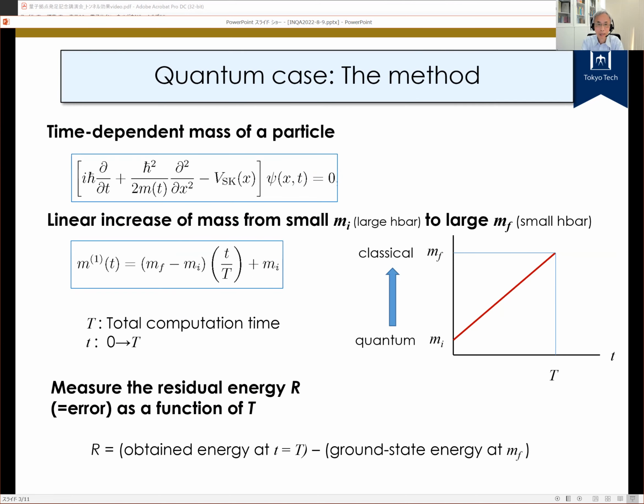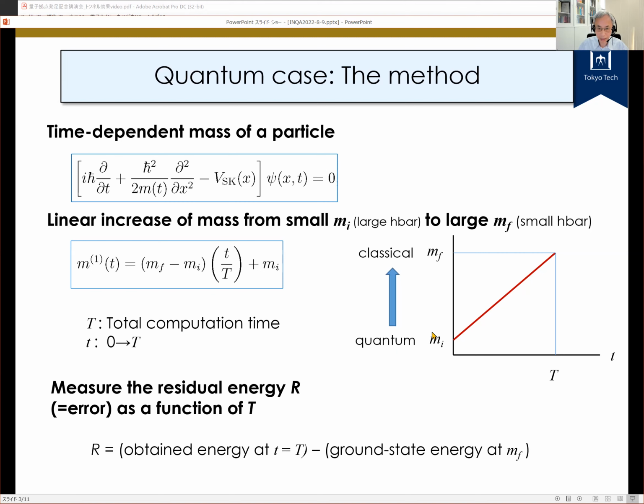So let's describe the method in some detail for the quantum case first. We solve the time-dependent Schrödinger equation in which the mass of the particle m of t changes as a function of time. And the simplest annealing schedule is a linear schedule for the increase of mass from initial value mi to the final value mf in the time t.